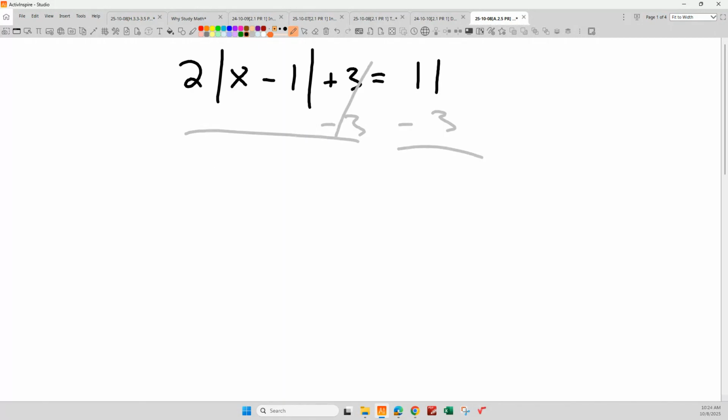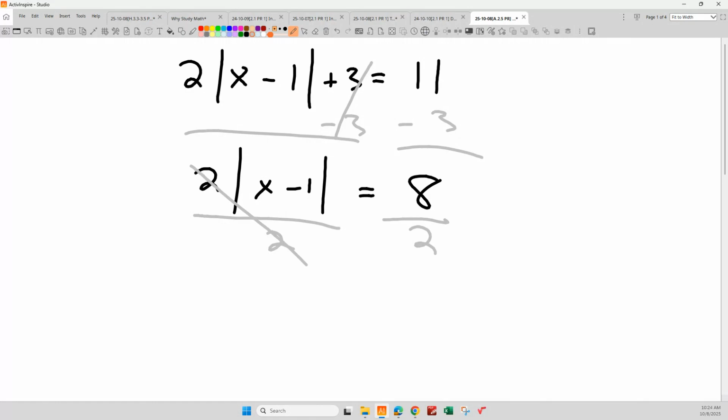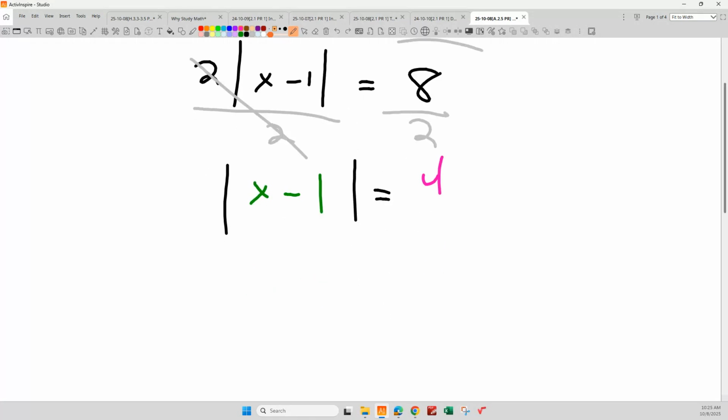Those guys cancel. That gives me 2 times my absolute value equals 8. What's next? Divide by 2, because I got to get rid of that 2. Good. So those guys canceled. And then I got my isolated absolute value equals 4.